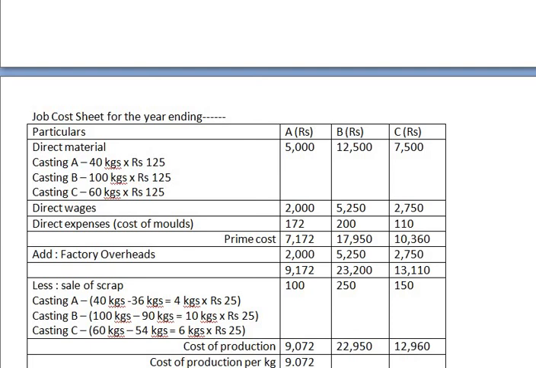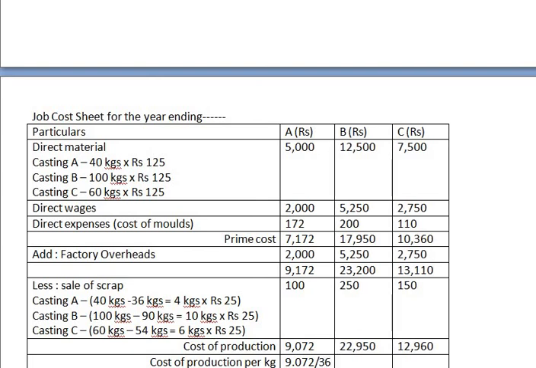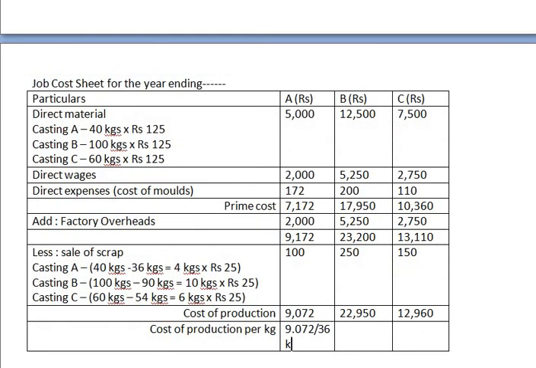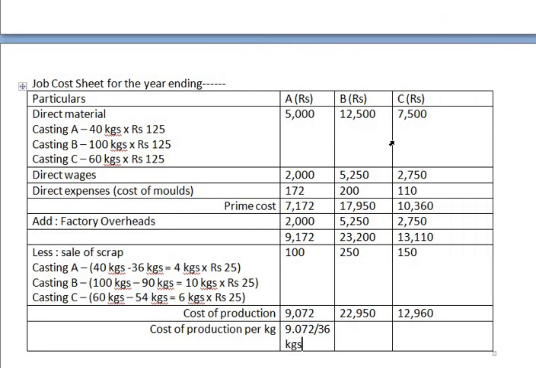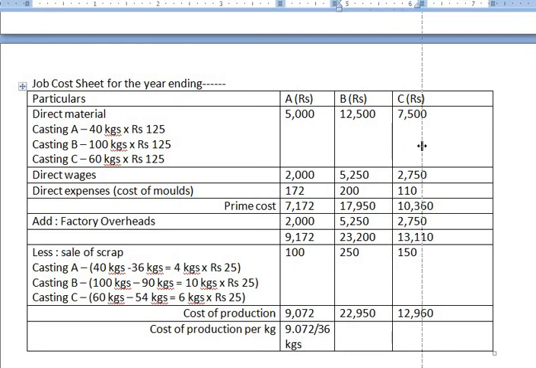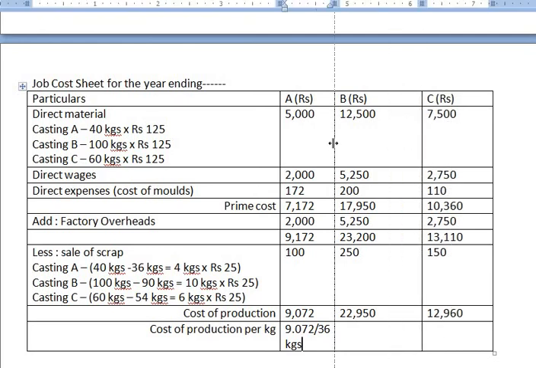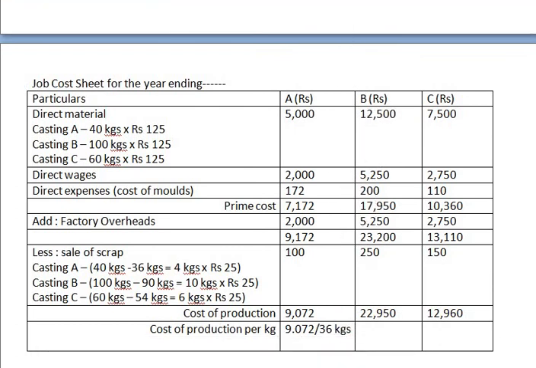9,072 divided by, after deducting scrap, it is 36 kgs, which equals 252 rupees.